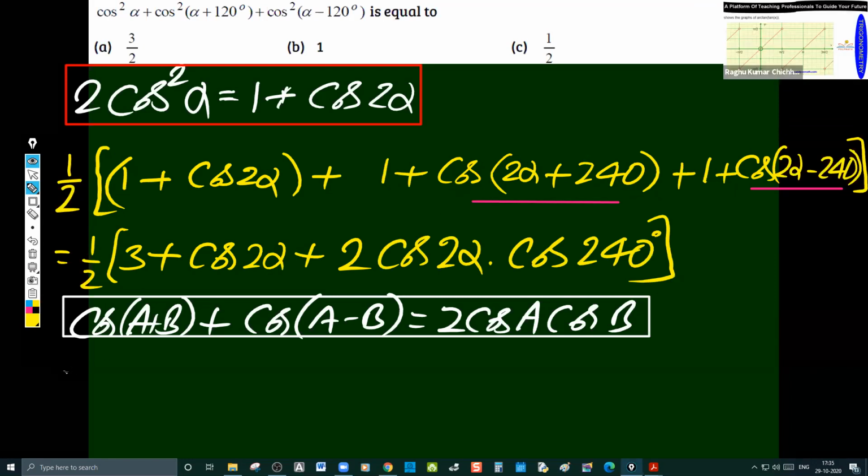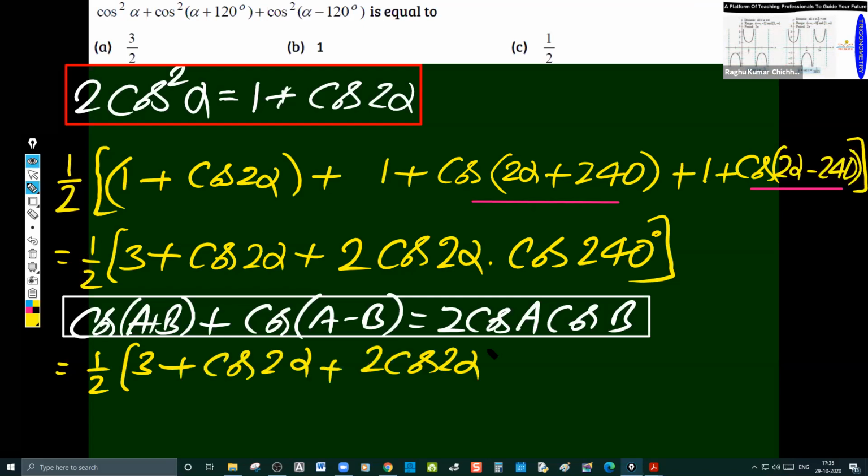Now this is 1 by 2 into 3 plus cos 2 alpha plus 2 cos 2 alpha into, any one of you, do tell me cos 240 value.